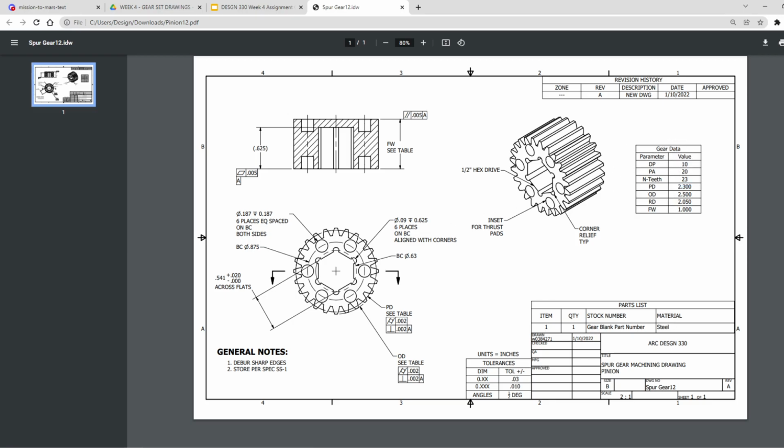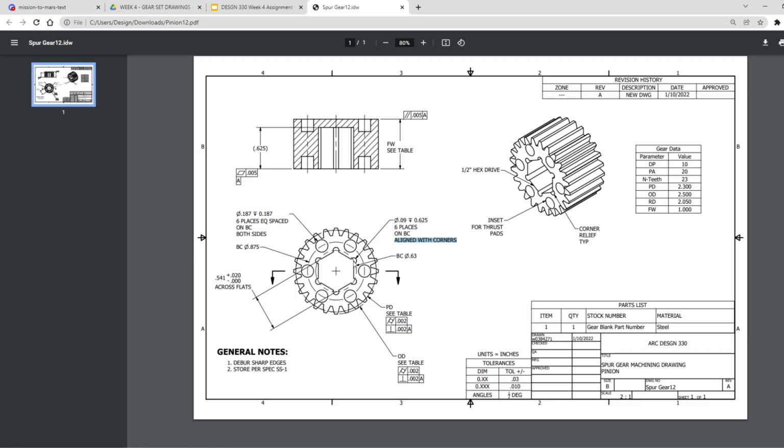6 places here means that there's 6 of these. 1, 2, 3, 4, 5, 6. On a bolt circle, that means that the bolt circle is aligned with the corners. So I'm gonna find where that corner of this hexagon is.